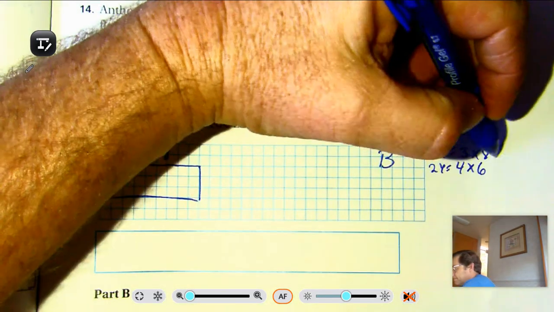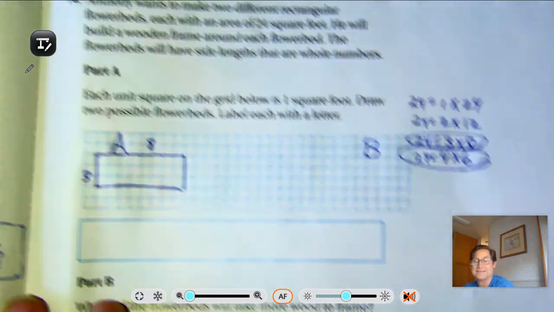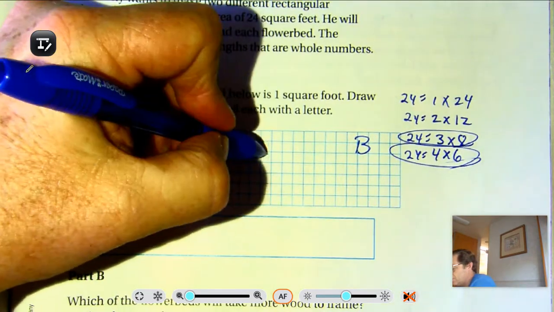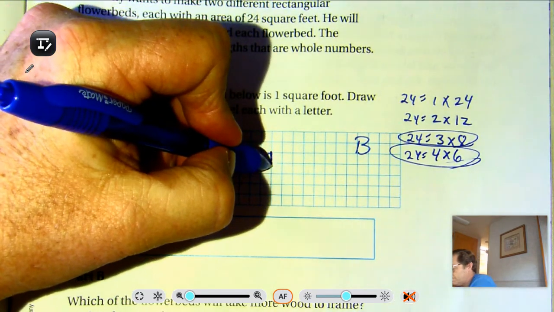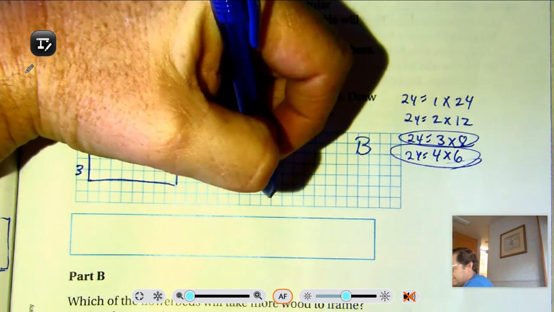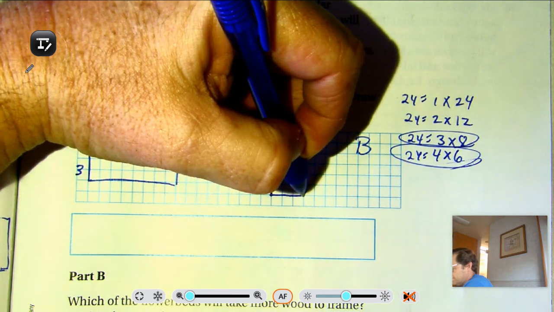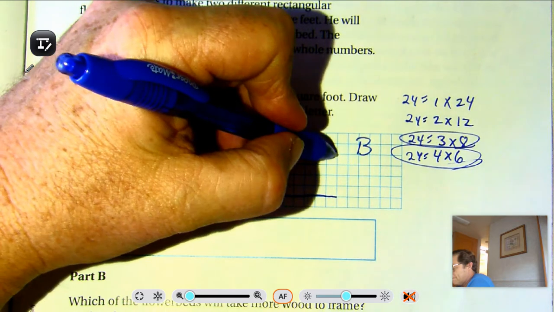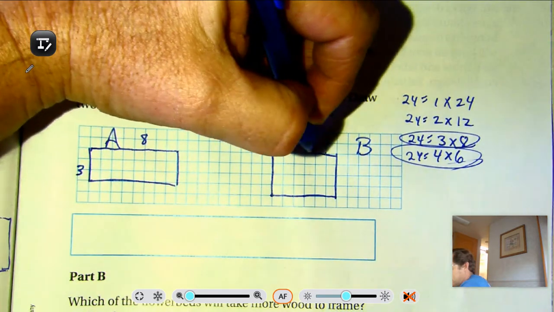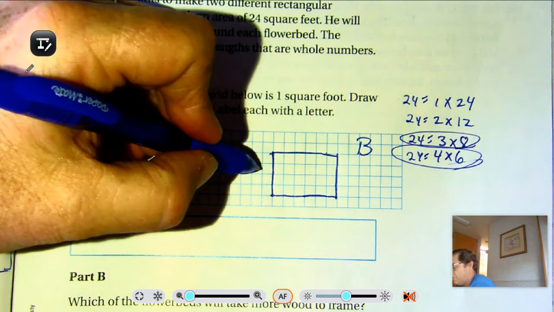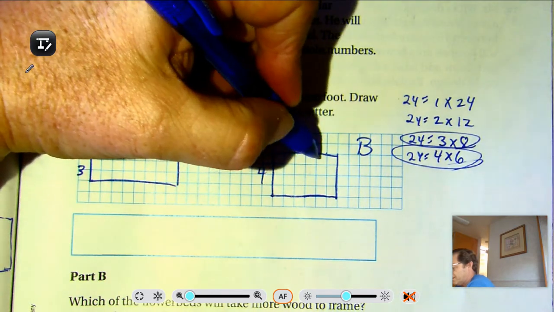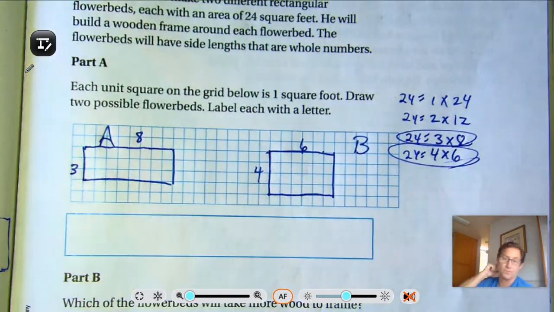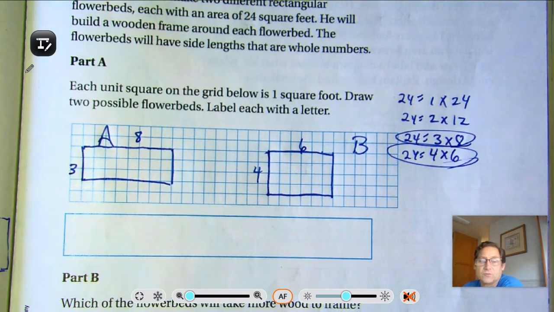And B, I'm going to go ahead and make a 4 by 6. So I'm going to go down 4 and cross 6. 1, 2, 3, 4. 1, 2, 3, 4, 5, 6. All right, so both of those equal 24.